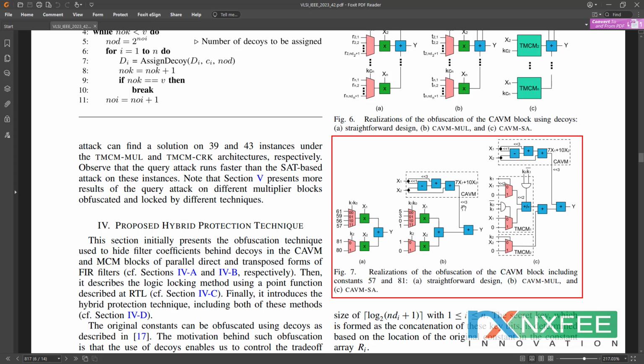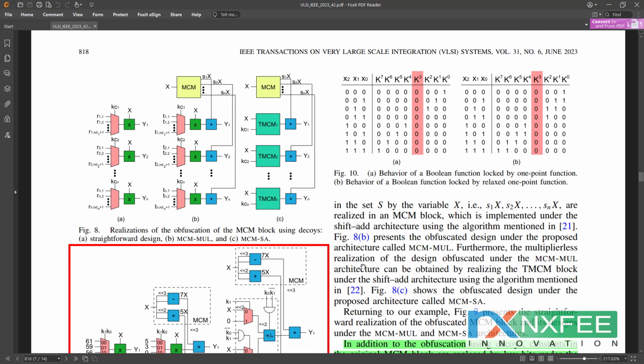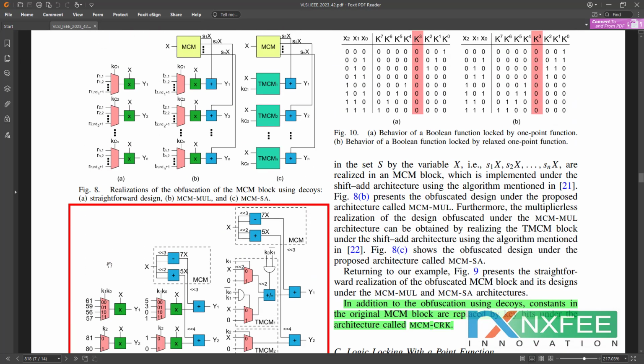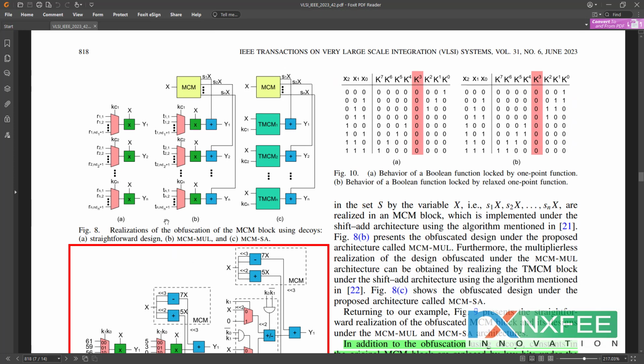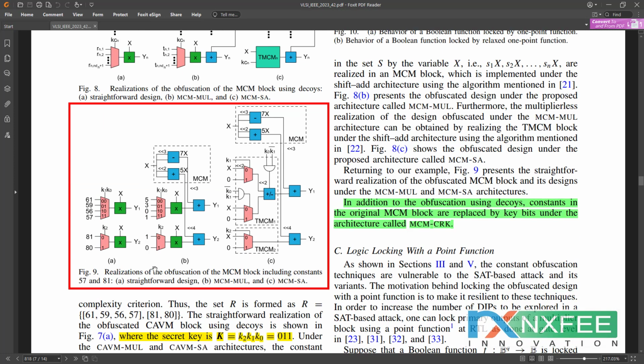So example design architectures are given here: A is straightforward, B is CAVM mult, and C is CAVM SA. And this is the MCM architecture, the realizations of applications, and this is the proposed architecture of the MCM.